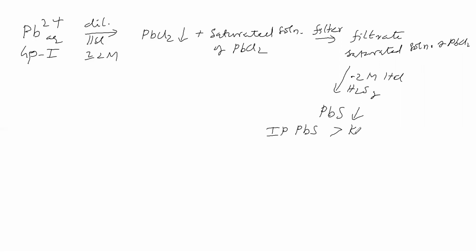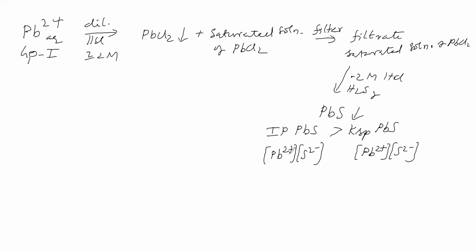Now here the ionic product of PbS is greater than the solubility product of PbS. The ionic product means the concentration of Pb2+ times the concentration of sulfide, and the solubility product of PbS is likewise the concentration of Pb2+ times the concentration of sulfide.